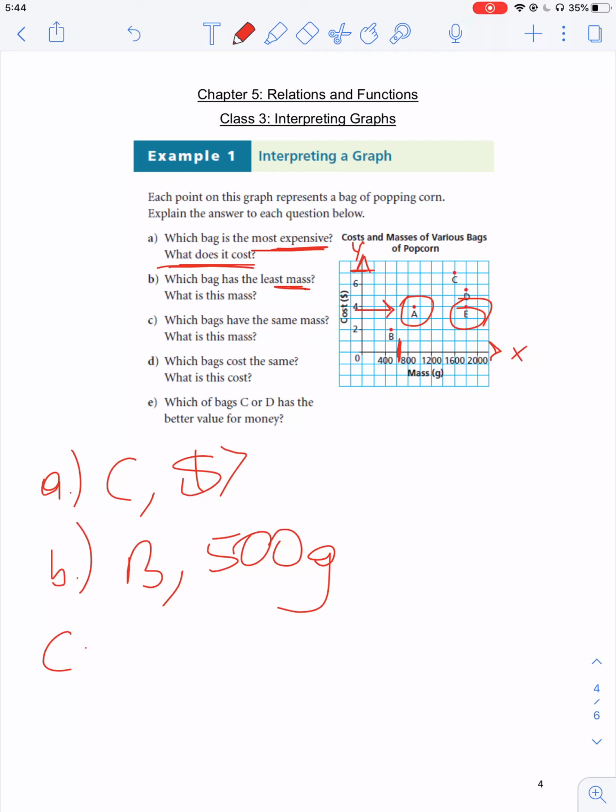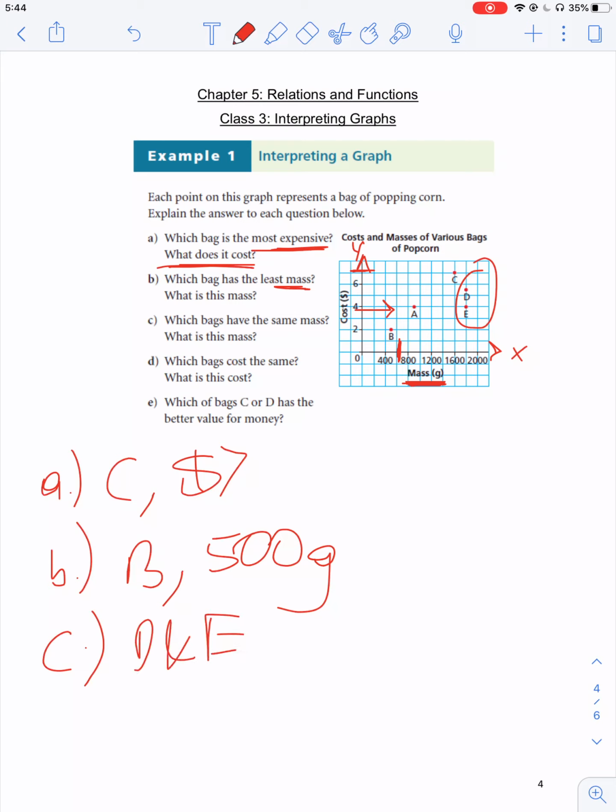When we're talking about same mass, that means, because mass is my x, my independent variable, we're looking at the x variable over here. So essentially what the question is asking is, which 2 points have the same x coordinate? And it's these two. So question C, the answer is D and E.